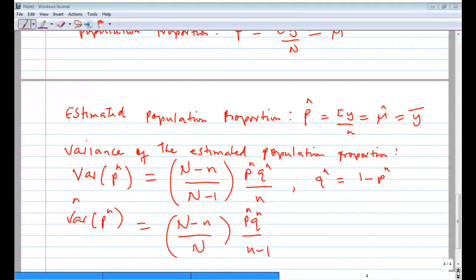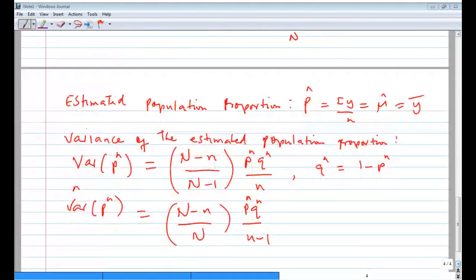You see that? See the difference between the two? The first one is when you want to calculate the variance of the estimated population proportion. So use that formula. The second one, you use when you want to estimate the variance of the estimated population proportion. I think it's clear there.